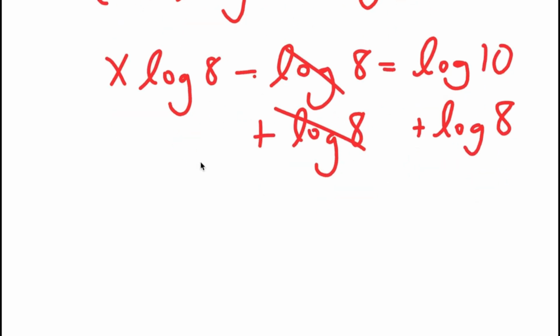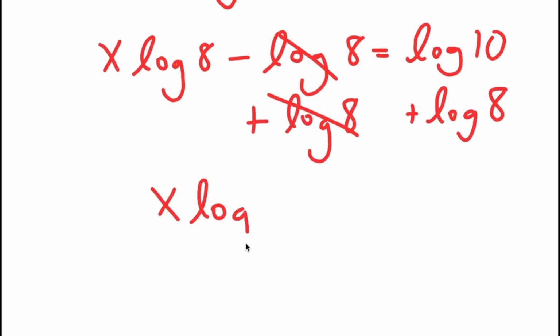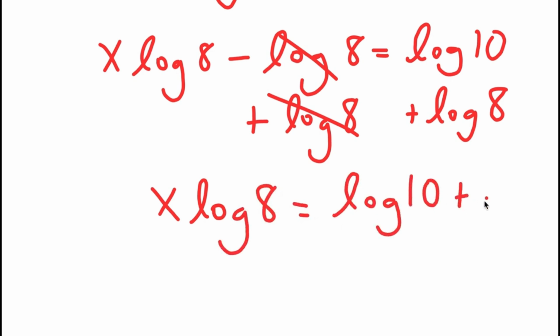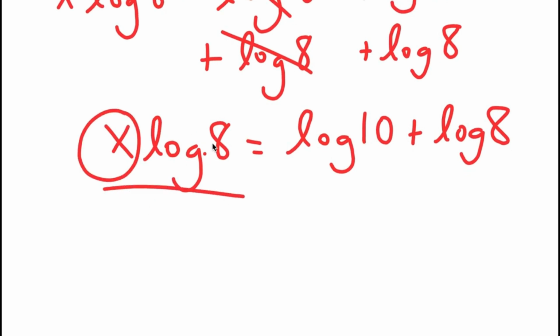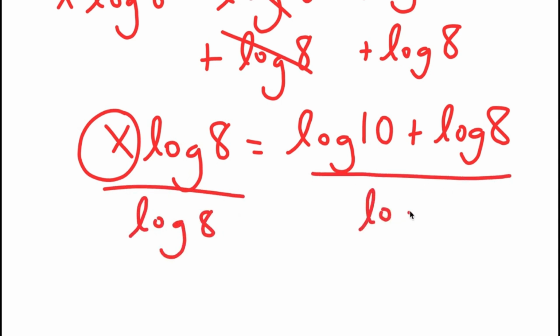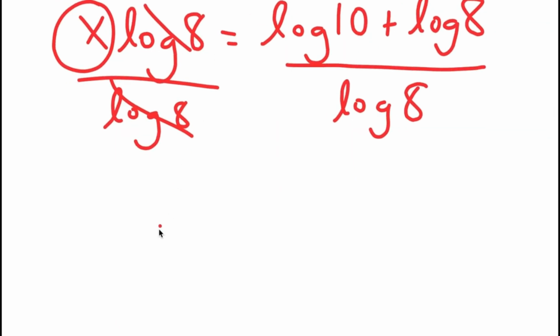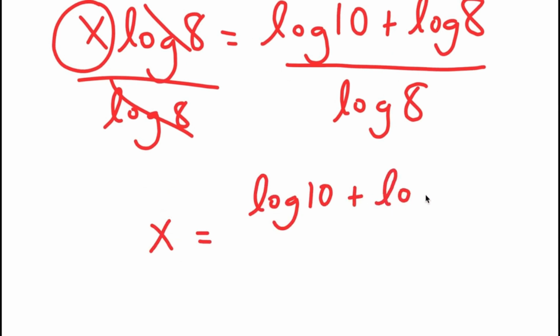So then these two cancel out, and I get x times log 8 is equal to log 10 plus log 8. And now we want to isolate x, so what I'm going to do is get rid of this log 8 by dividing both sides by log 8. So then these two cancel out, and I'll be left with x is equal to log 10 plus log 8 over log 8.